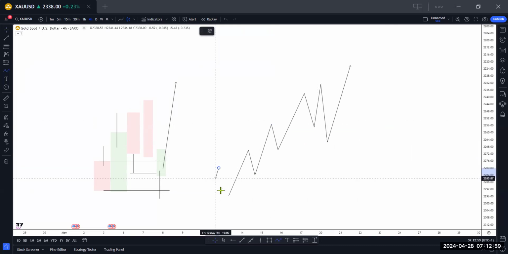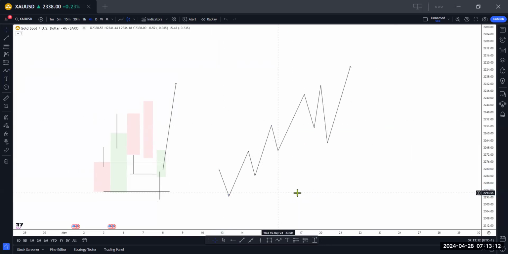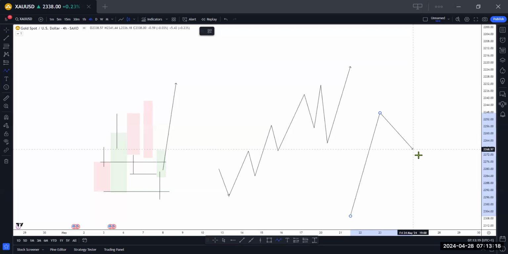Because obviously, this is also an SNR level. So let's say this is an SNR level that starts a particular trend. It could be a trend that is in retracement or a trend that is in continuation. So what do I mean by retracement? This is a continuation trend. This is a retracement. This is a continuation trend.